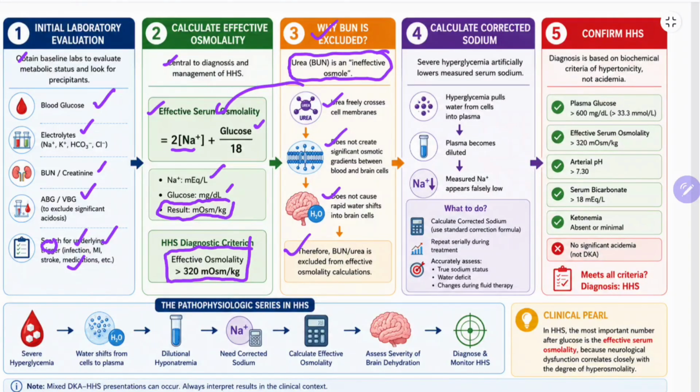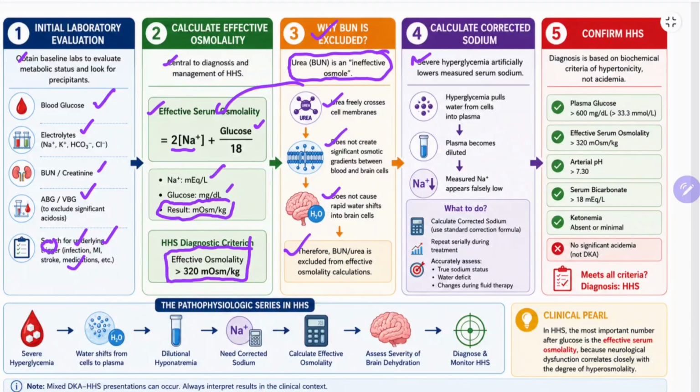Now, the second thing is calculation of corrected sodium. The corrected sodium formula we have already learned. What is that formula? Sodium concentration plus 1.6 times, in brackets, glucose concentration in milligrams per deciliter minus 100, divided by 100. So that gives the corrected sodium, which was already discussed in the topic of diabetic ketoacidosis.